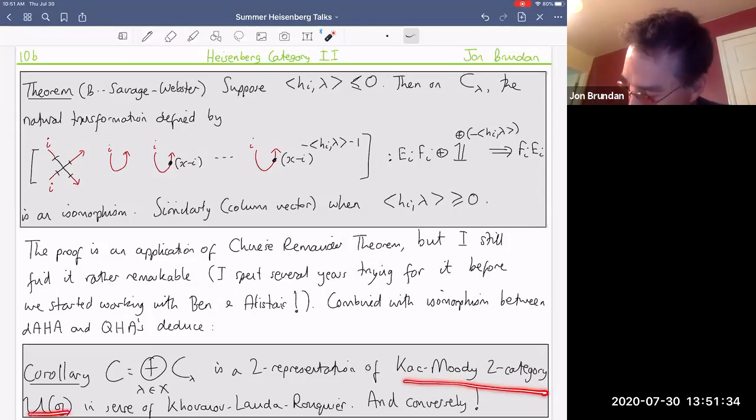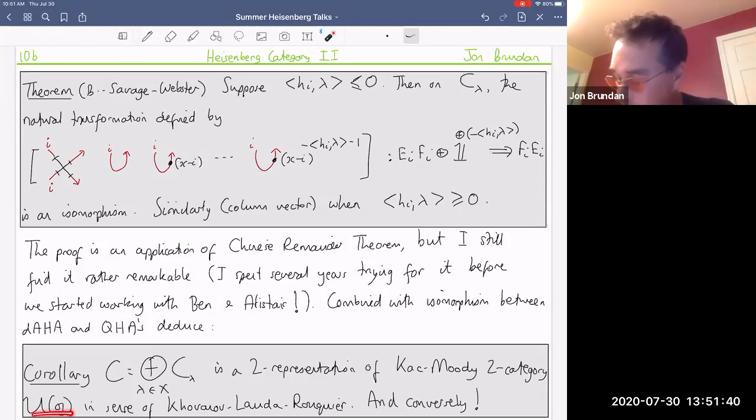So I call that U of g. This Heisenberg action automatically gives you an action of this categorified quantum group in the sense of KLR.